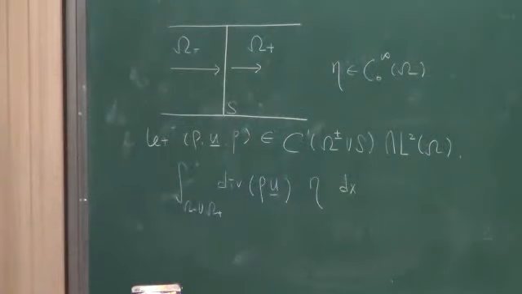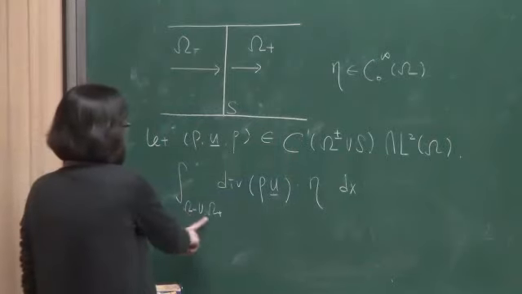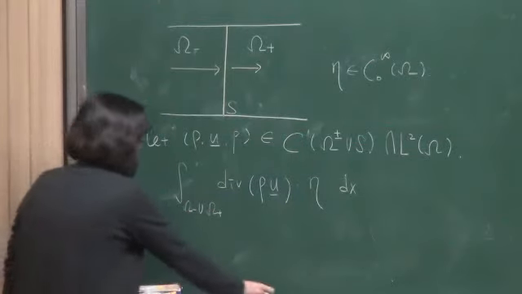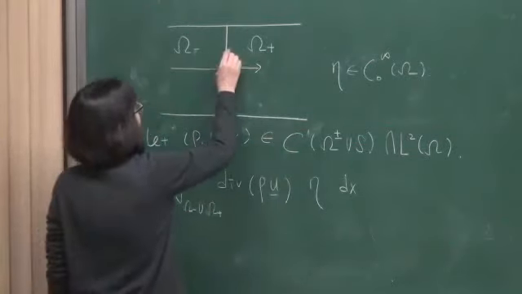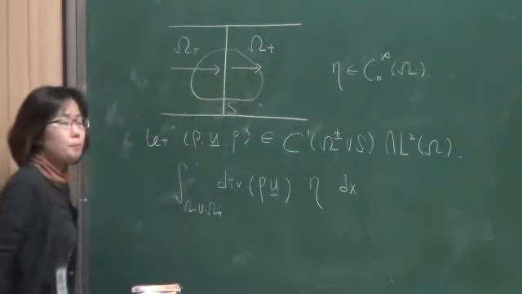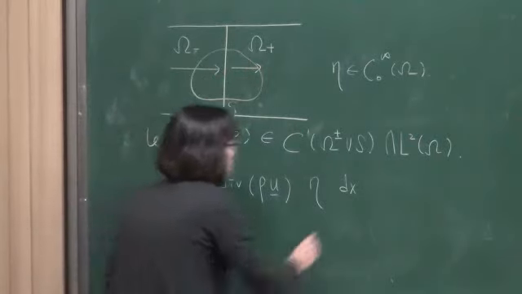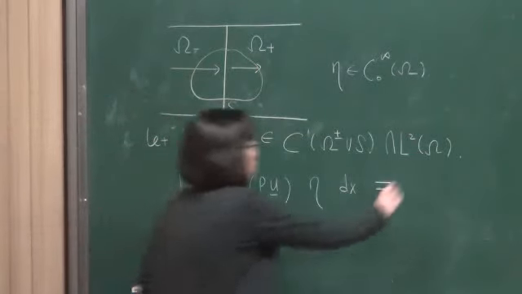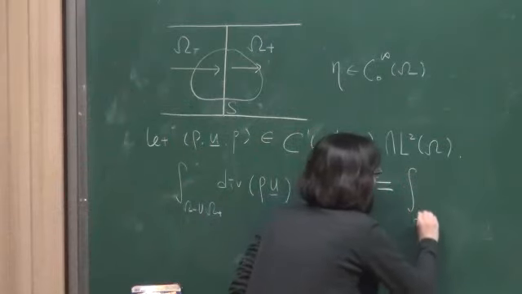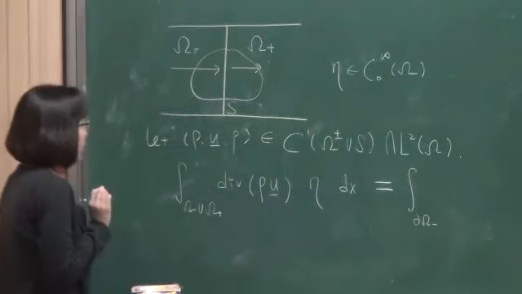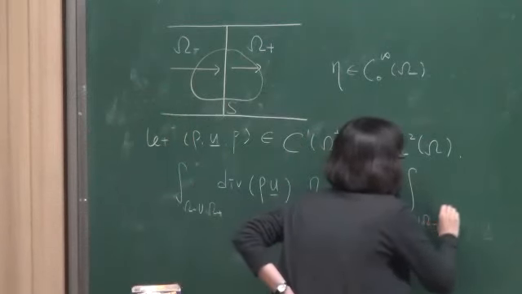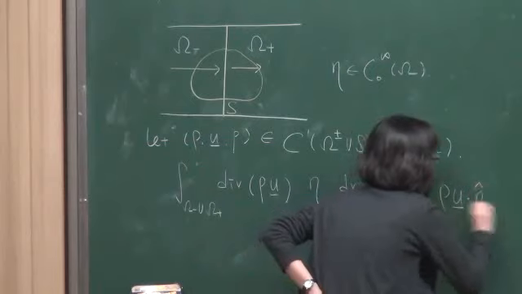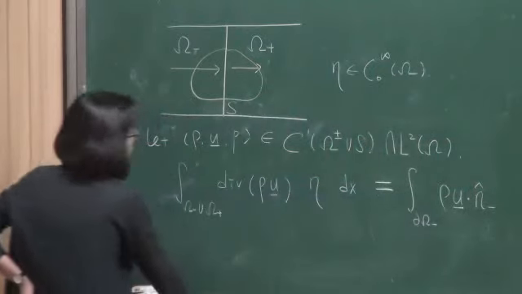Then I start integration by parts in each of omega minus and omega plus. So let's look at the integration by parts in omega minus. If the support of eta is somewhere around here, then first, on the boundary of omega minus, by the integration by parts, this is going to be rho times u dot n minus, well, now I need some notation here.